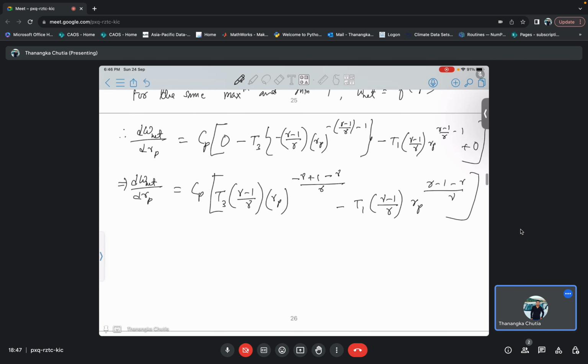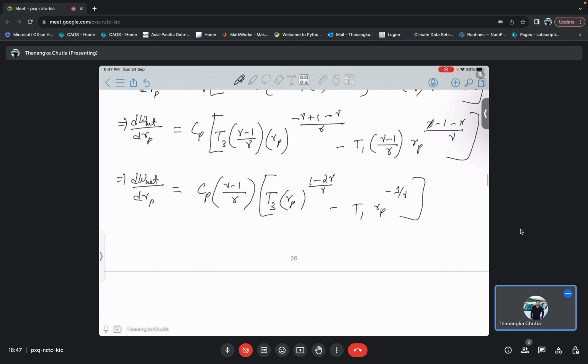Again dW net divided by drp is equal to Cp into gamma minus 1 by gamma, taking it out, into T3 into rp to the power 1 minus 2 gamma divided by gamma, minus T1 into rp to the power minus 1 by gamma.